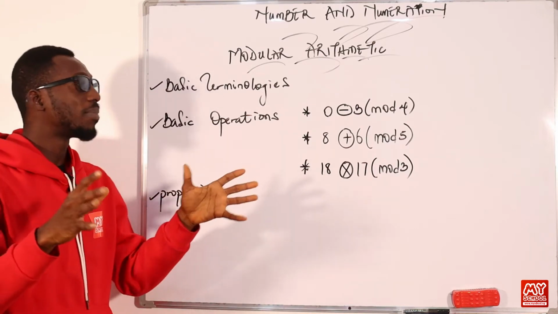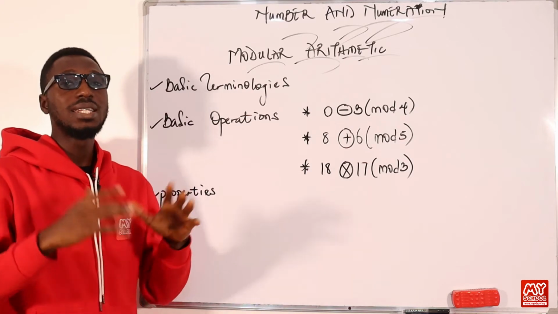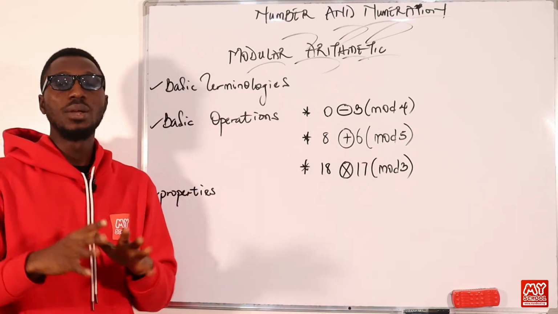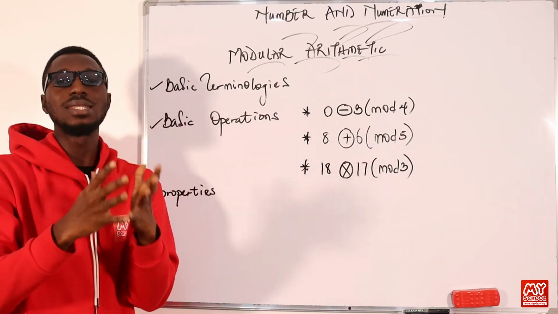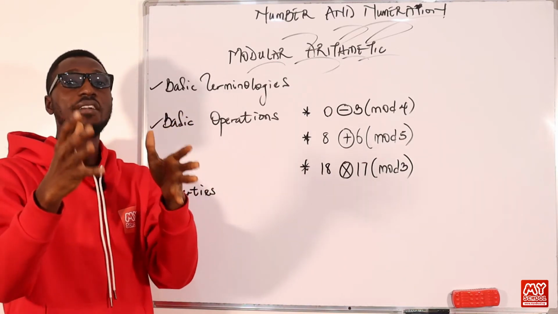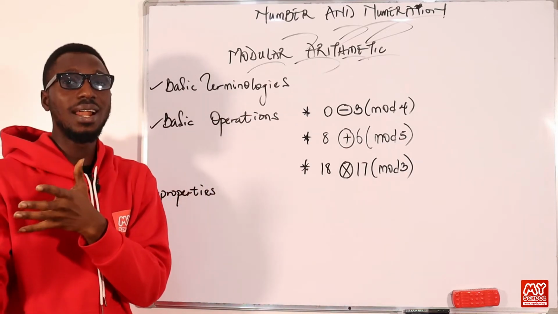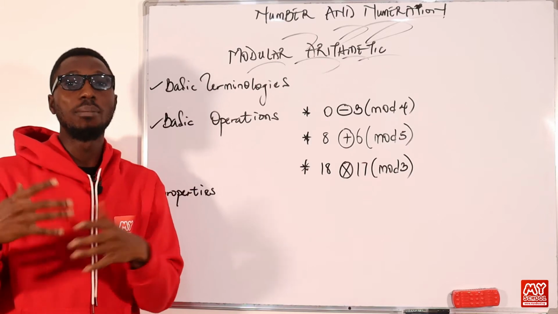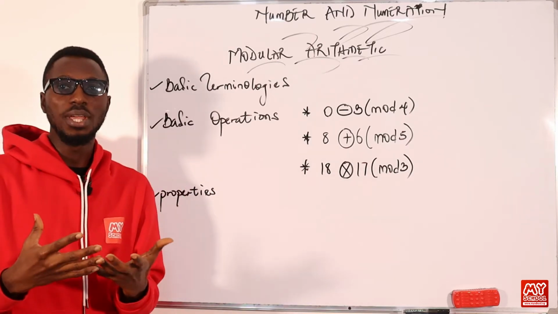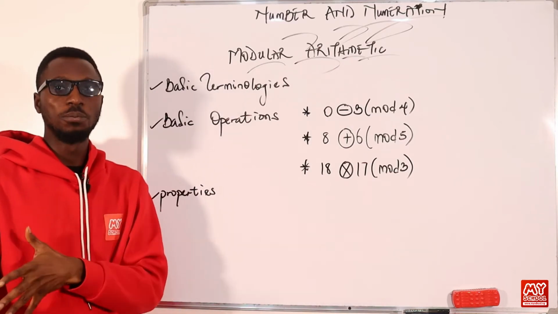So that is one basic thing about modular arithmetic. That type of arithmetic whereby numbers will wrap around under certain value, under certain divisor, which you can refer to as a modulo. So if I'm working in modulo 5, just like I said earlier in our video lesson on number bases, when you are working in base 5, the highest number you can have is 4.